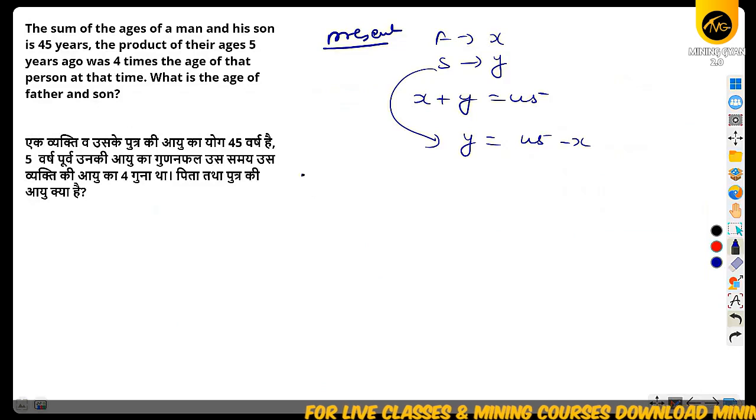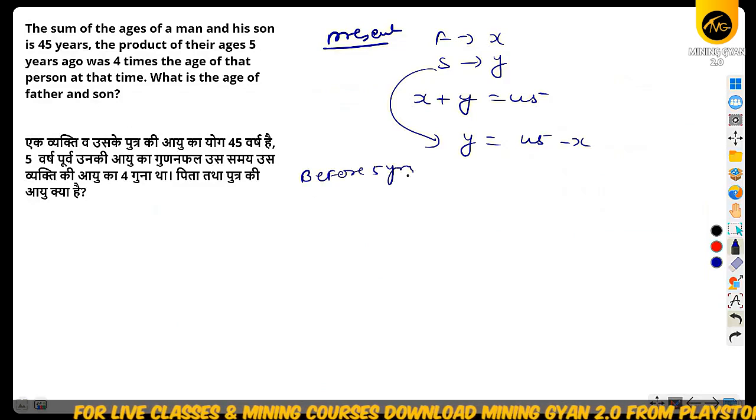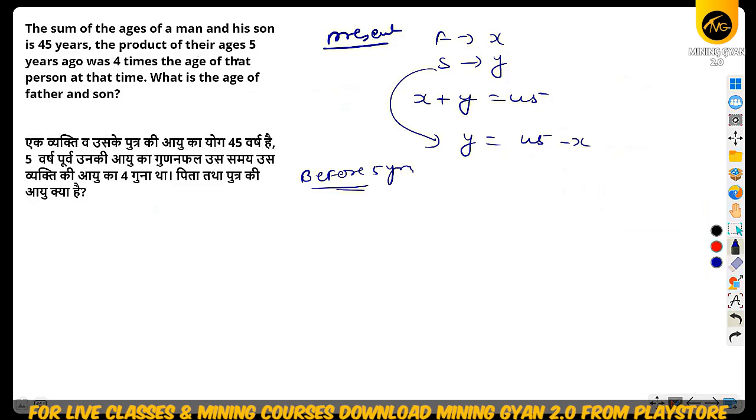Now, before 5 years, the product of their ages 5 years ago was 4 times the age of that person at that time.